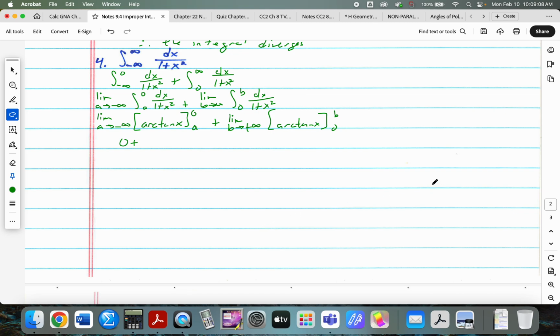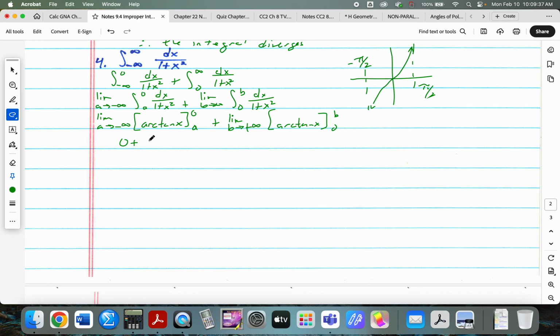plus, well, let's think about the principal branch of tangent, which looks like this. Where this is at negative pi over 2, and this is at pi over 2. So as tangent goes to negative pi over 2 from the right-hand side, this goes to negative infinity.